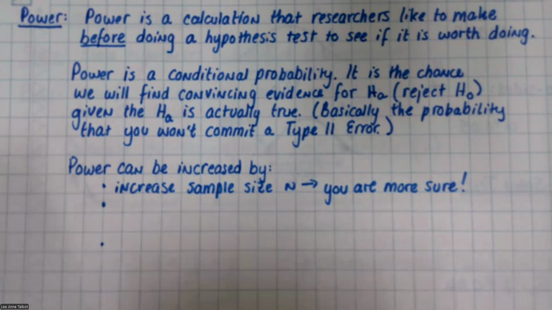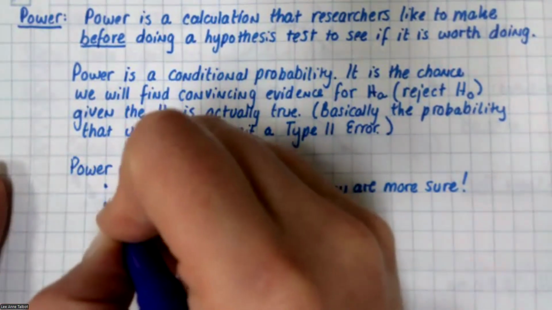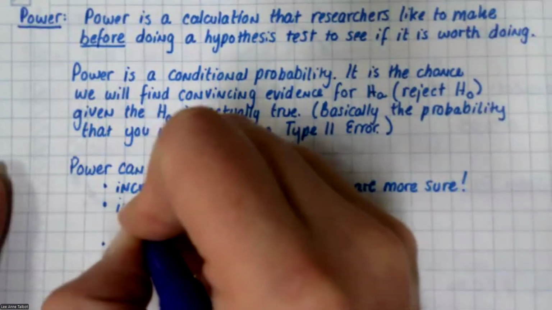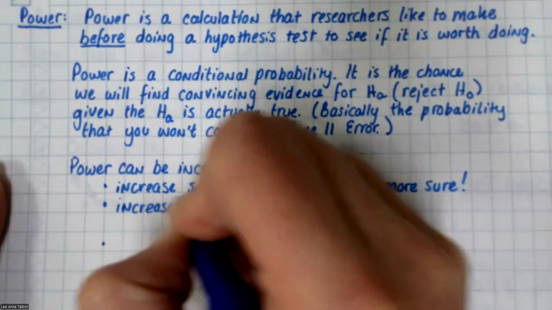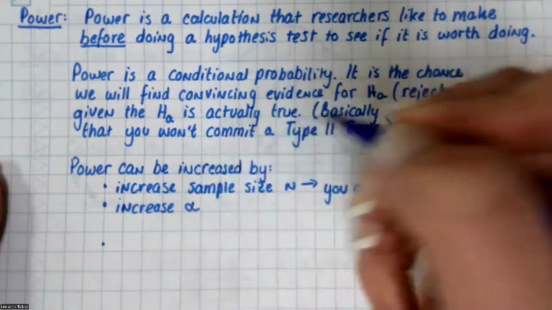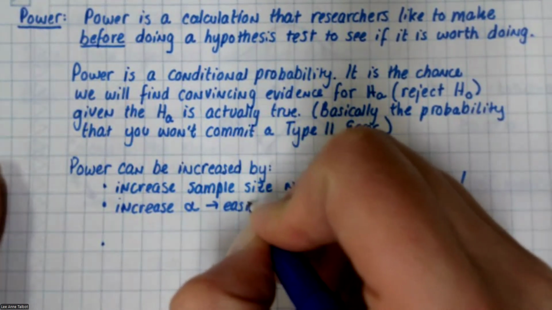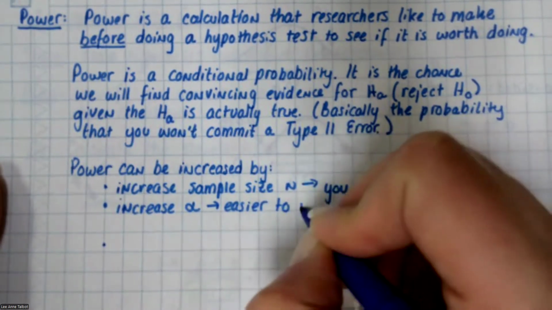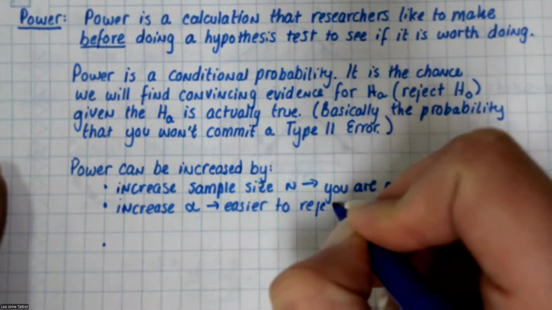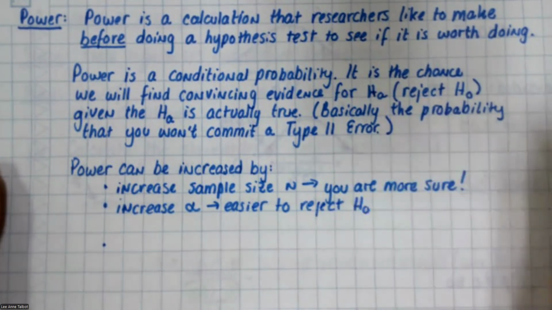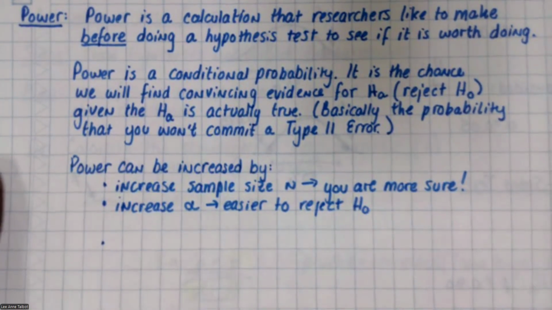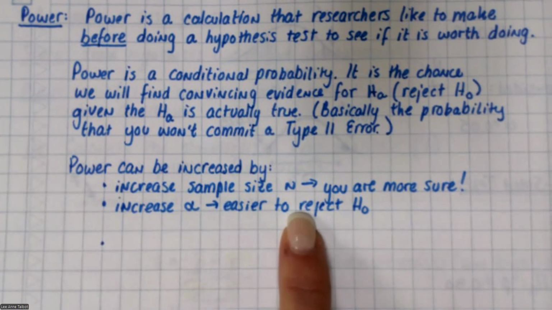I'm going to give you the second one. You can also increase power by increasing alpha, because that makes it easier to reject the Ho. This comes with a price though.